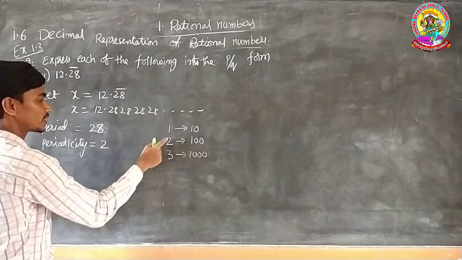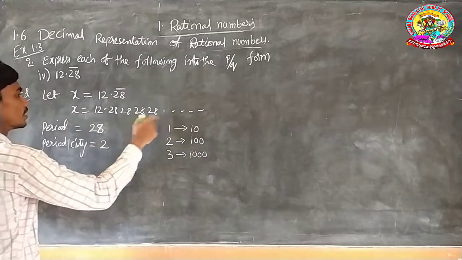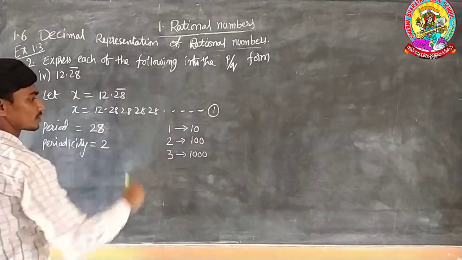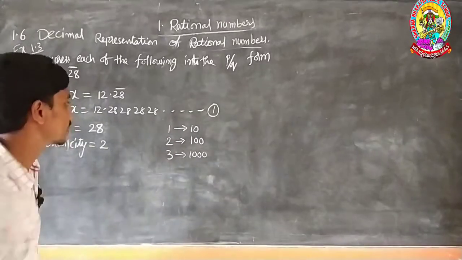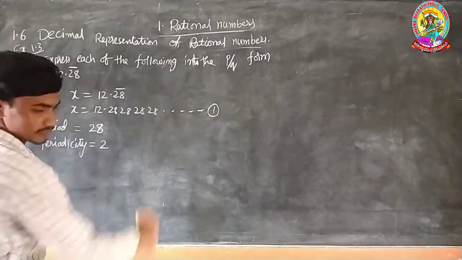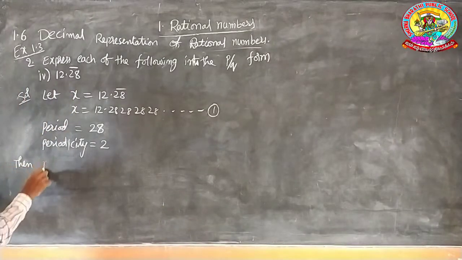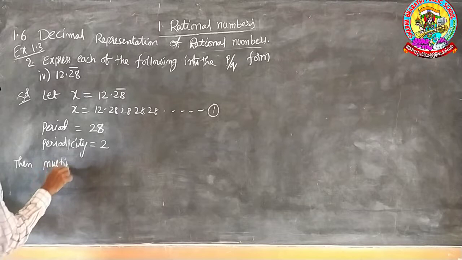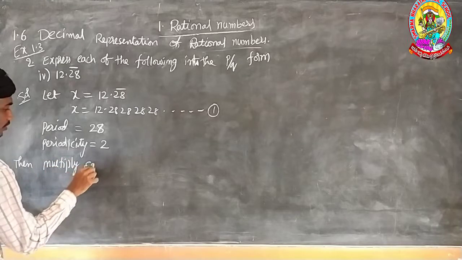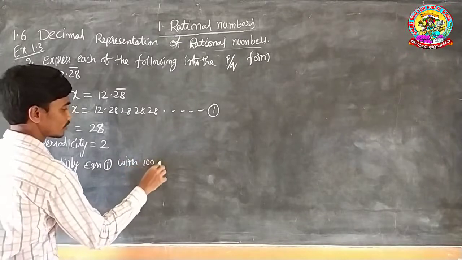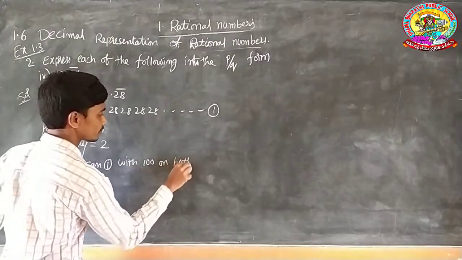Here the periodicity is 2, so multiply equation 1 with 100 on both sides.